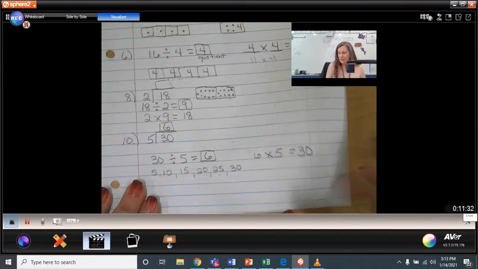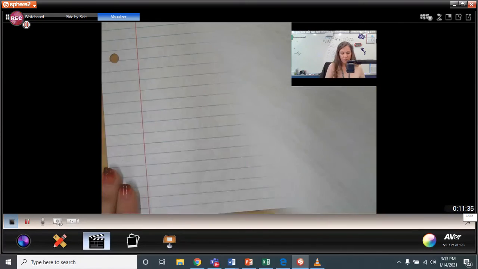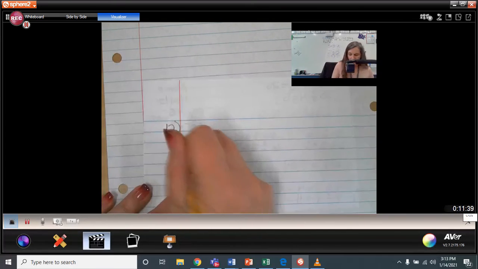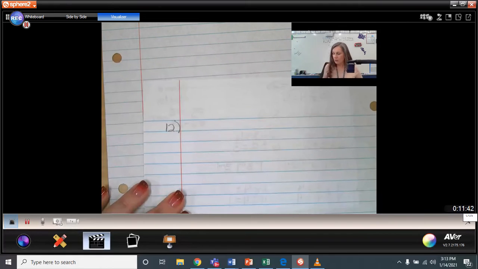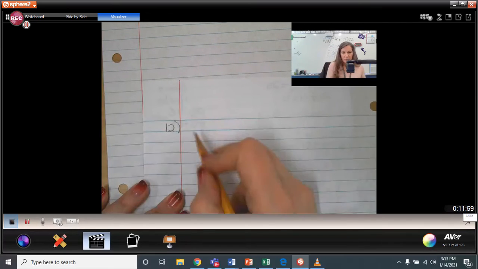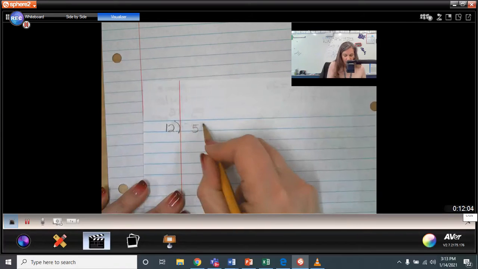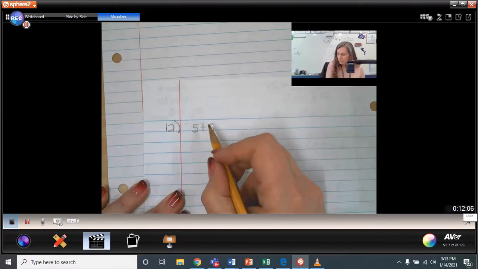Number 12 is asking me to construct an argument. It asks me, how can you tell without dividing that 15 divided by 3 has a greater quotient than 15 divided by 5? And it says without dividing. So we could use multiplication maybe?